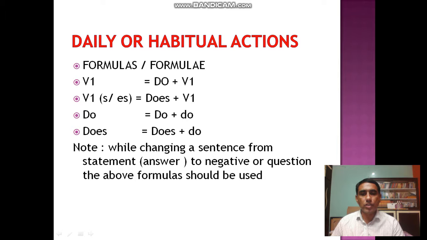While changing a sentence from statement sentence, I mean answer sentence, to negative or question, the above formulas should be used.